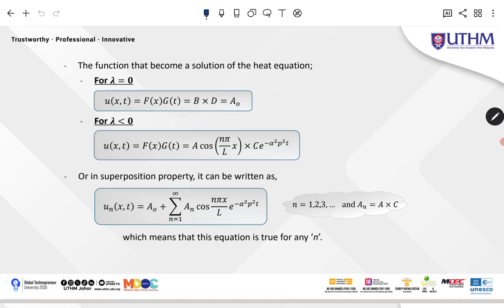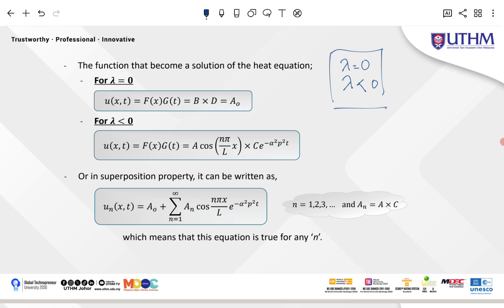We know that the boundary condition is satisfied for the cases lambda equal to 0 and lambda less than 0, which we already found in the second order differential equation.